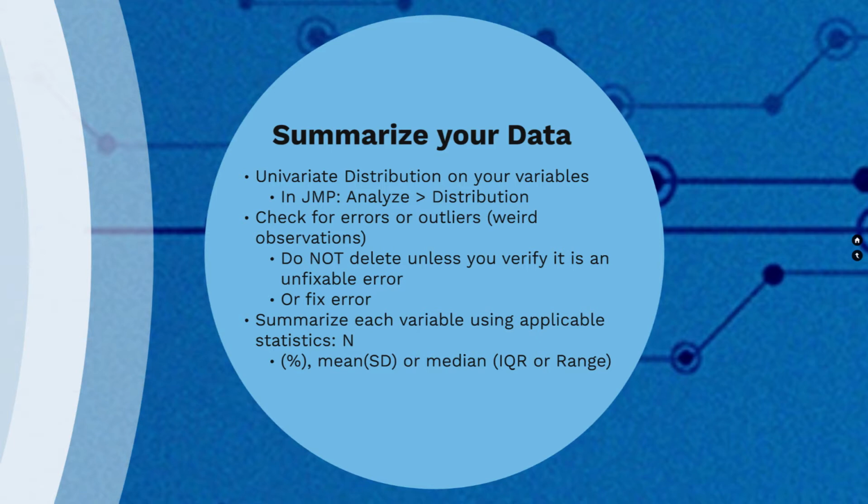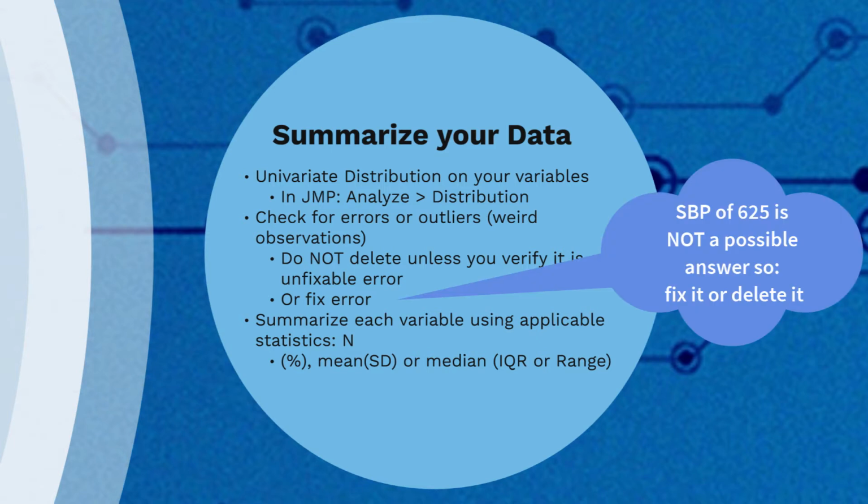This is critically important. Do not delete any rows of data unless you verify that it is an unfixable error. A good example of that is a systolic blood pressure of 625. That is not a real value. That is obviously an error. If you cannot confirm or fix that error, then you can delete that observation because that's not a real value.